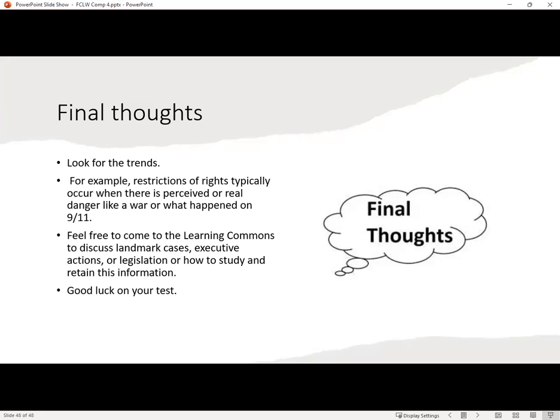But just try to look at each case, not as right or wrong, but how does it expand your rights or take away from rights? Does it expand that entity, whether the legislature, the executive or the Supreme Court? Does it give them more power, less power? What's going on with that as it relates to our Constitution? So good luck and thank you for listening.